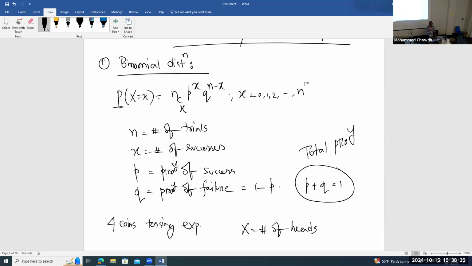A university has 40 players, fixed. So the number of trials must be fixed, because in your exam, how do you know this is a binomial problem? Because other distributions are coming.